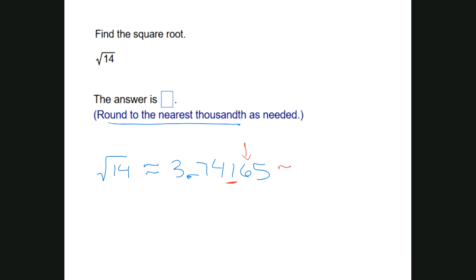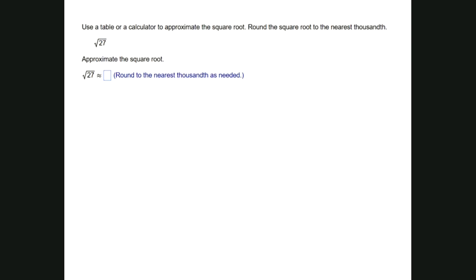Notice I'm using the squiggly signs, which means approximation. So in rounding this number, I will have 7, 4, 2. So 3 and 742 thousandths would be my result. I believe we have one more just like this one, the square root of 27.